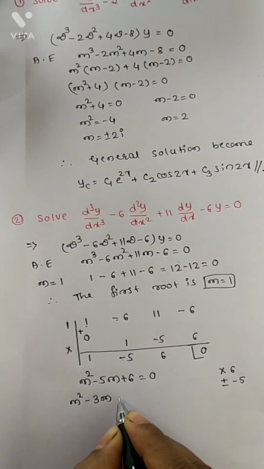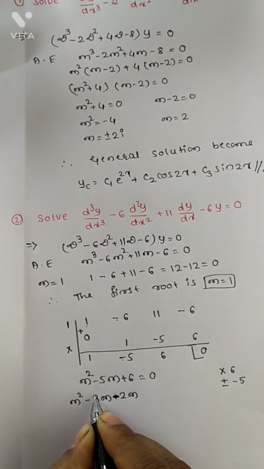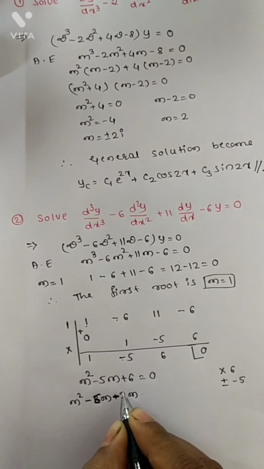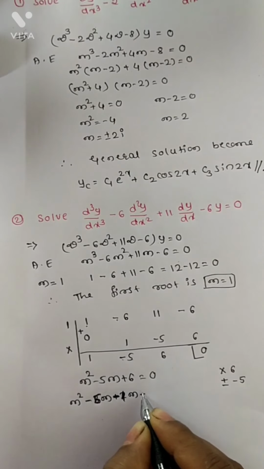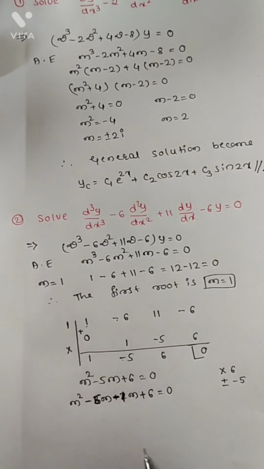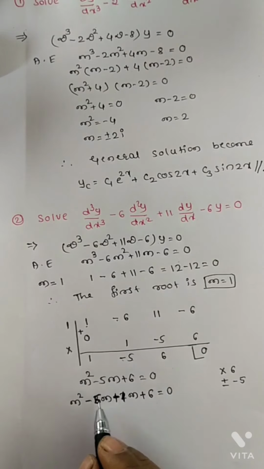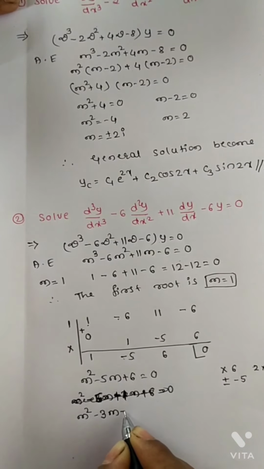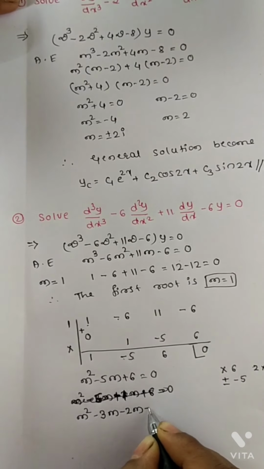That's why we take minus 3m minus 2m plus 6.